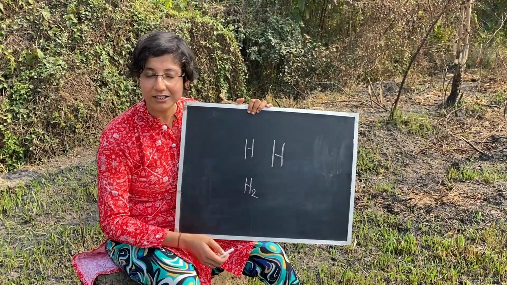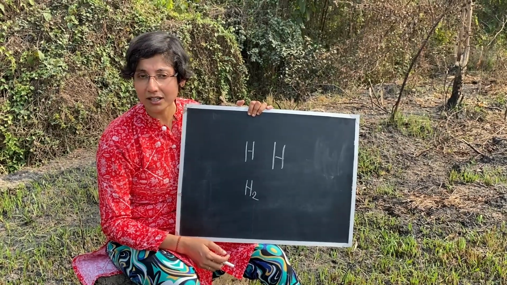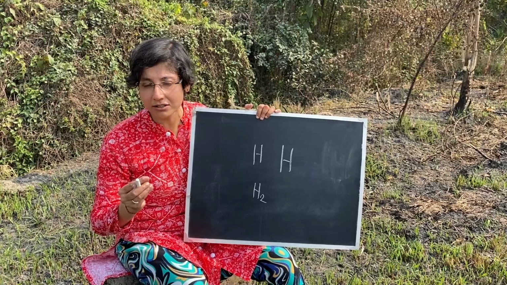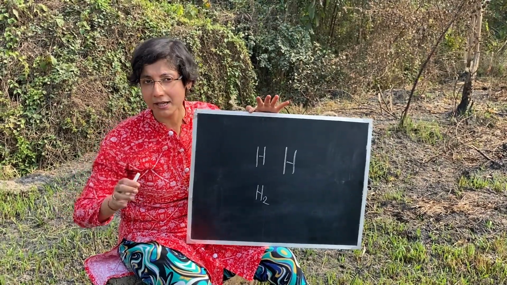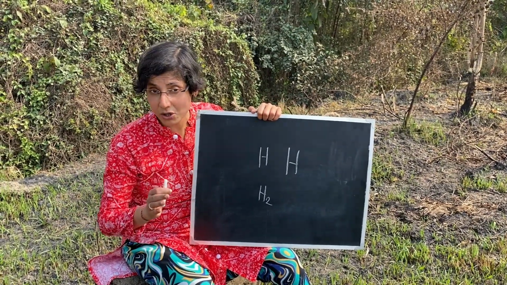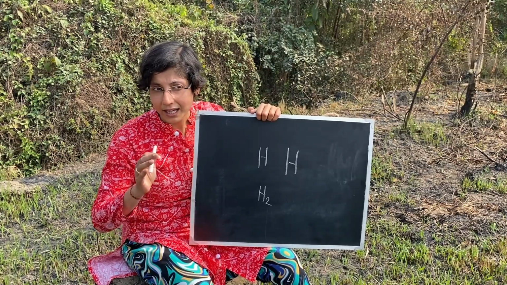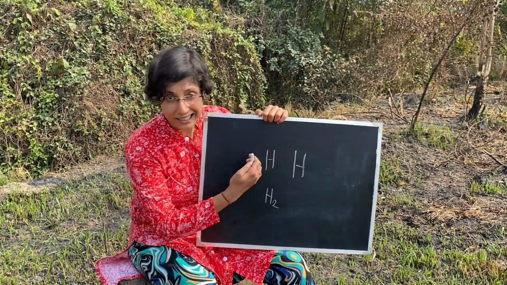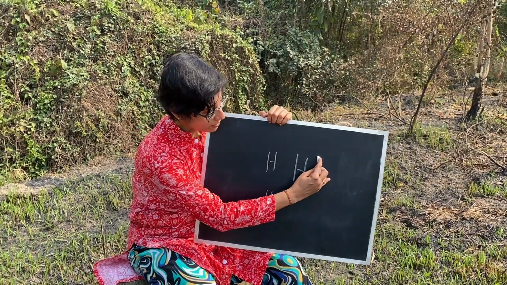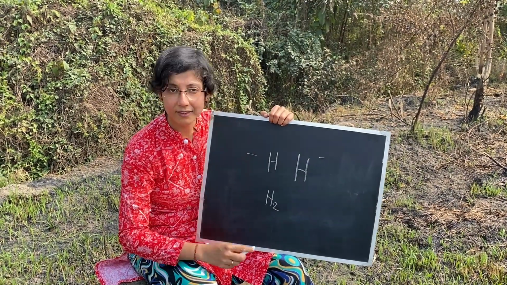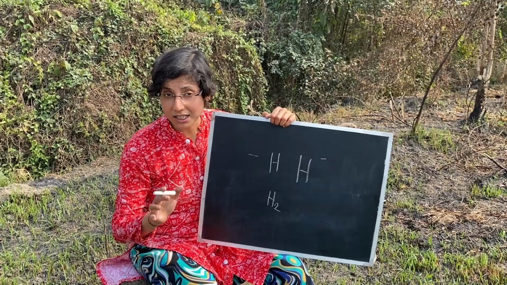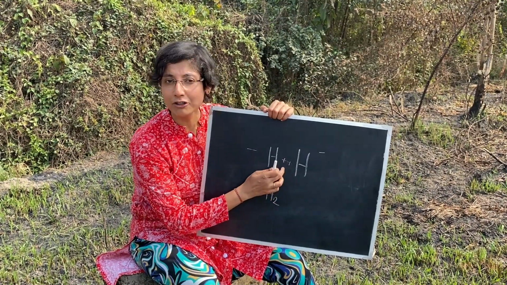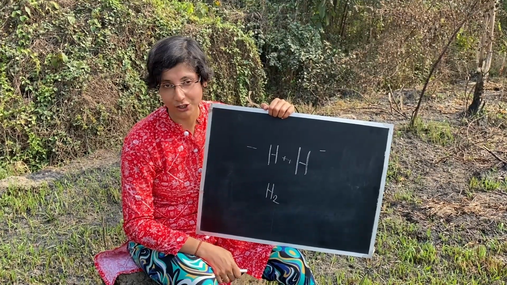When these 2 atoms come together, electron-electron repulsion makes those electrons go away from each other, and electrons reside in a bit of a rim of the configuration. Suppose here, and positive charges accumulate in the middle of the molecule.